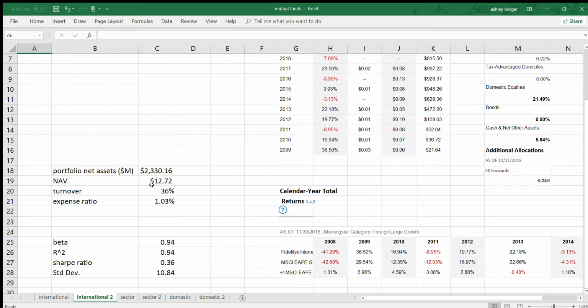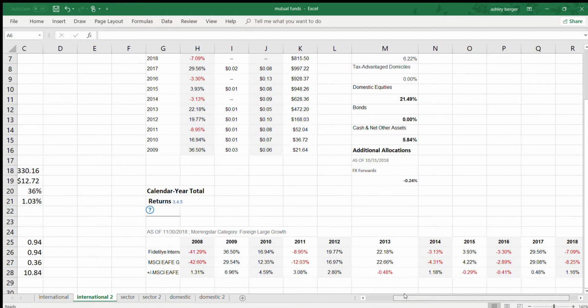It has a beta of 0.94, an R squared of 0.94, a Sharpe ratio of 0.36, and a standard deviation of 10.84, which again is pretty similar to the last international fund.